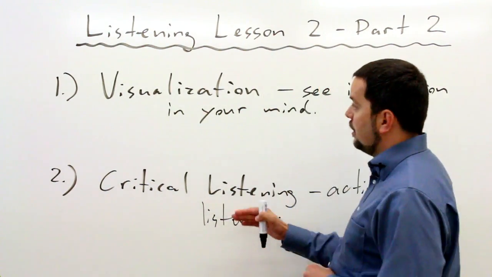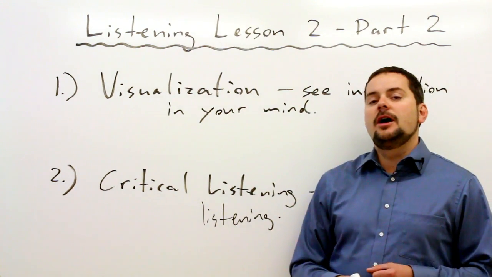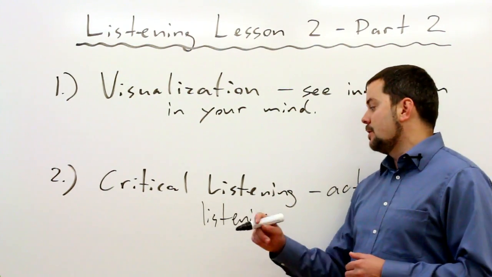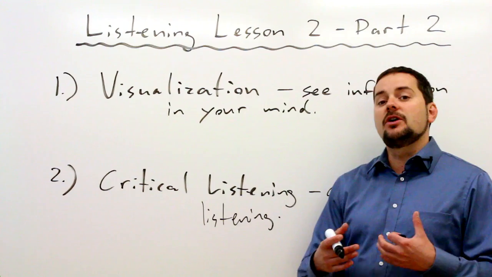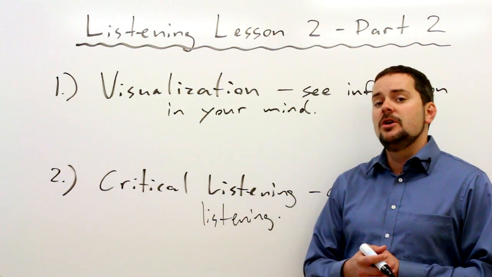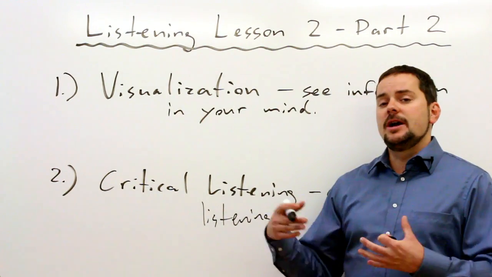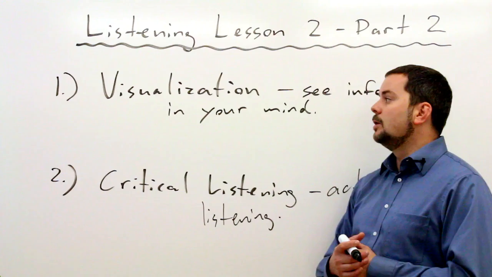And for visualization, we'll use section 3 of the review test to practice that. And then for critical listening, we'll use section 4 this time. So this is kind of in contrast to the first lesson where we practice these skills with sections 1 and 2. So now we're using these for the more difficult sections 3 and 4.